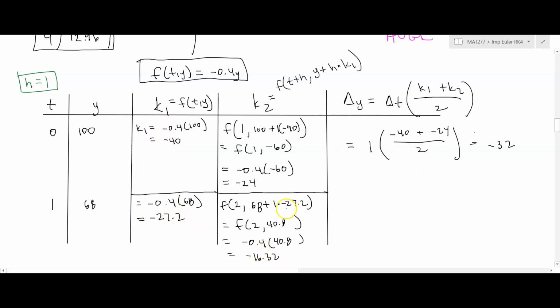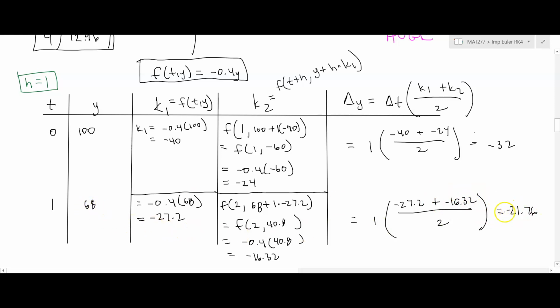So once again, we're going to average these two together. We're going to take delta t, which is 1, times K1 plus K2, which is negative 27.2 plus negative 16.32, over 2. And this is going to come out to negative 21.76. Okay, so that's the slope I'm going to use. That's the average of those two slopes.